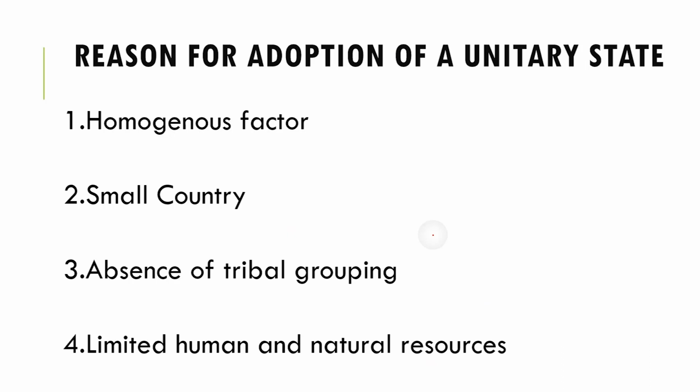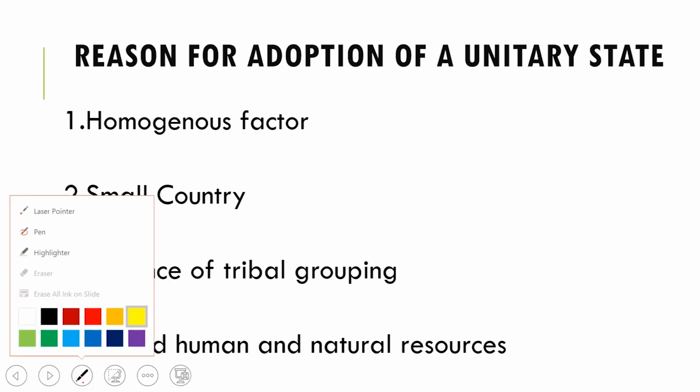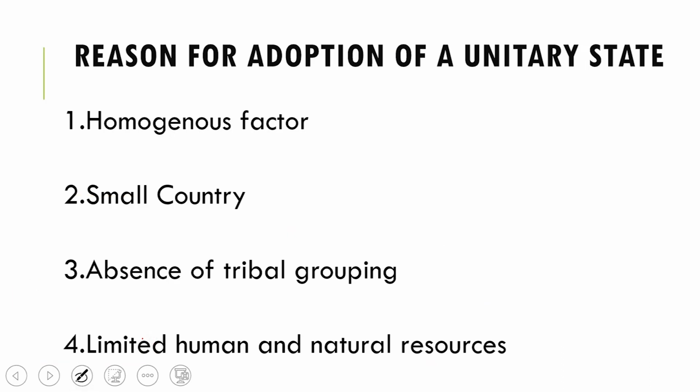Having said that, we're looking at the reasons behind the adoption of unitary states. What makes you think most people go for the unitary system? The same reason that makes people go for democracy, most people opt for the monarchical system and other forms. The same thing we're looking at here with respect to the unitary system.